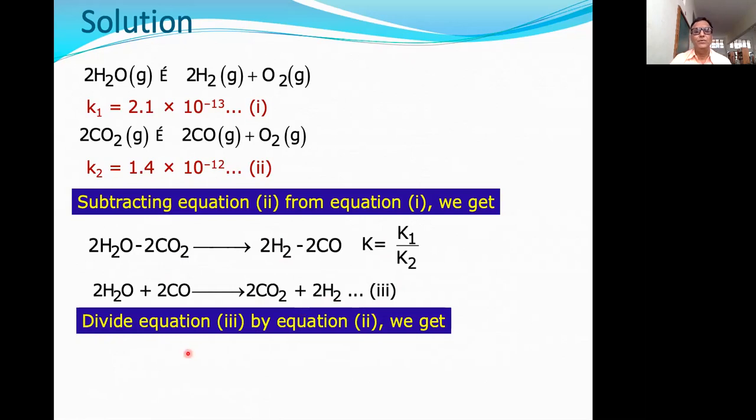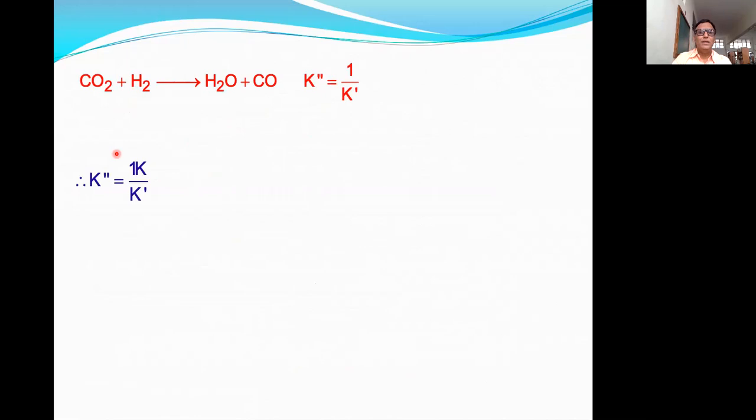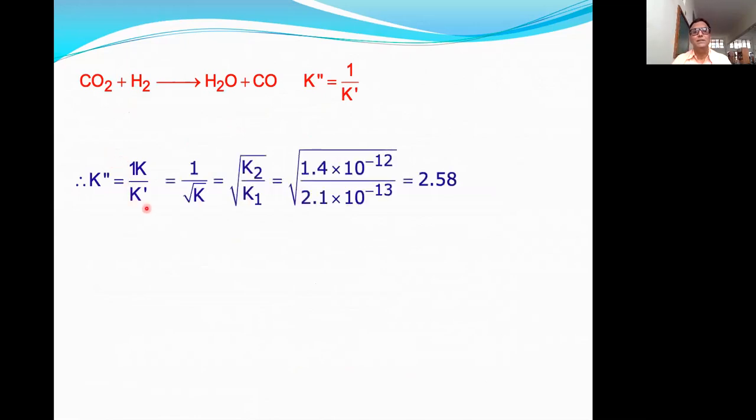Now divide equation number 3 by equation number 2. You will get H2O plus CO gives CO2 plus H2, and K dash equal to square root of K. So CO2 plus H2 gives H2O plus CO. K double dash equal to 1 upon K dash. Now K double dash equal to K upon K dash.